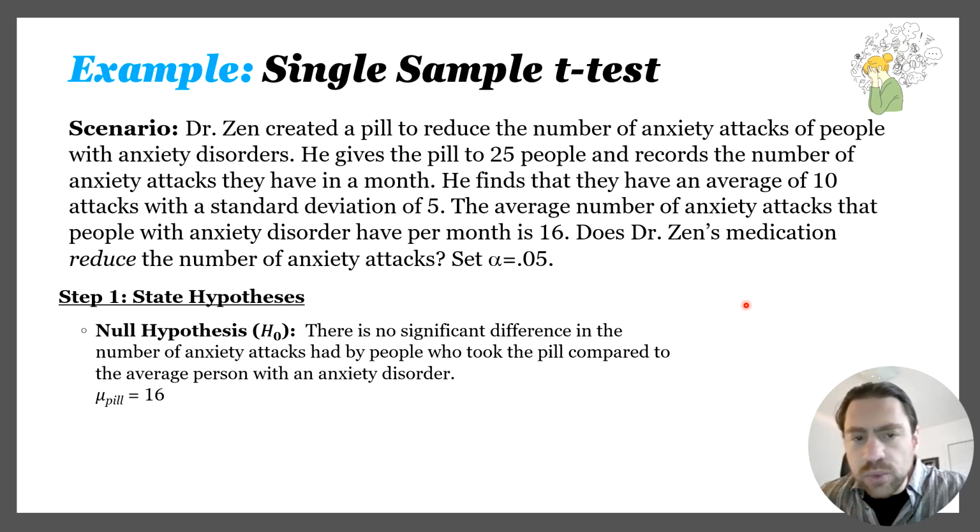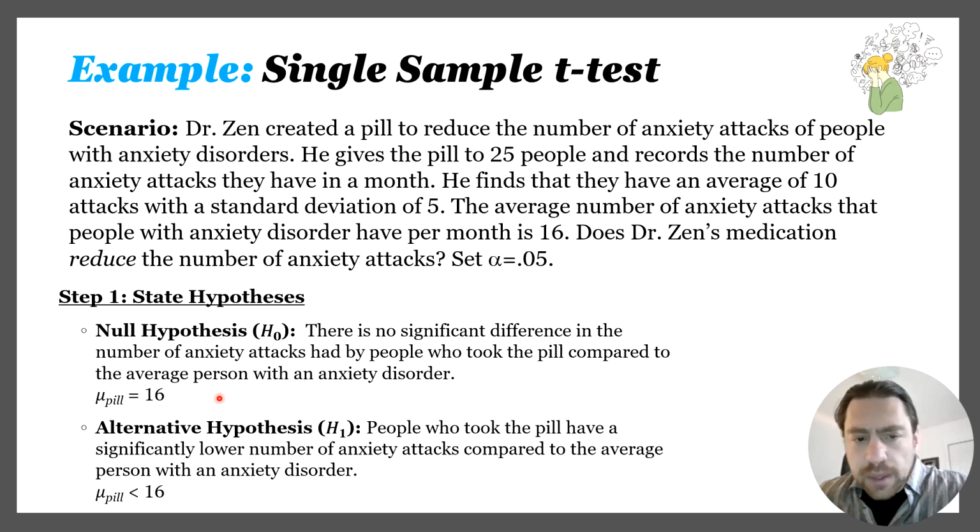Mu of pill equals 16 because that is the population mean. And the alternative hypothesis is that people who took the pill have a significantly lower number of anxiety attacks compared to the average person with anxiety disorder. Mu of pill is less than 16.